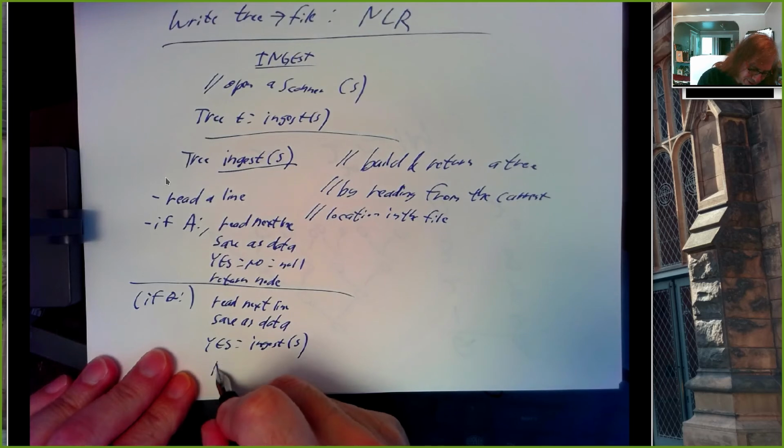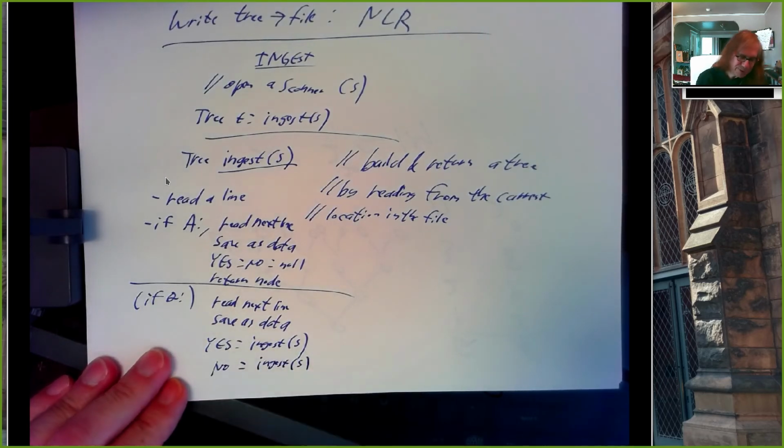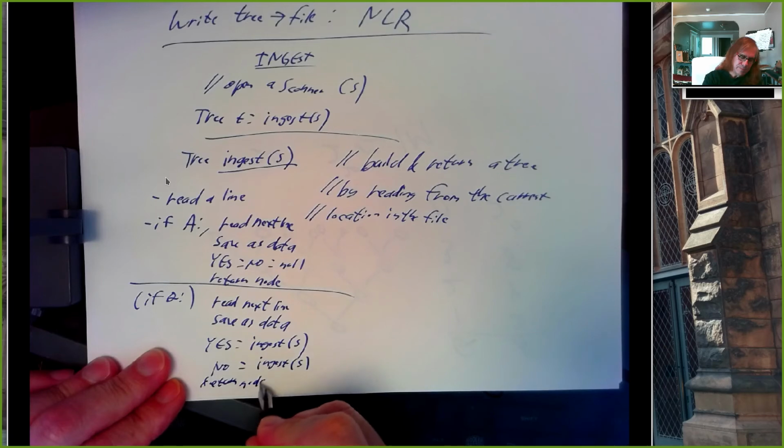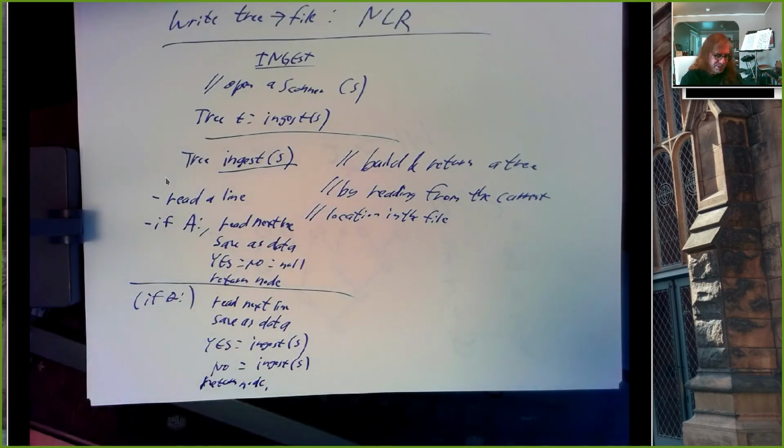And then call ingest once more, and whatever it returns, that's what the no node is, and then return that node. All right, so that's your whole ingest algorithm. And when you get it just right, it works, and it's beautiful. But it might take a few tries to get it there.